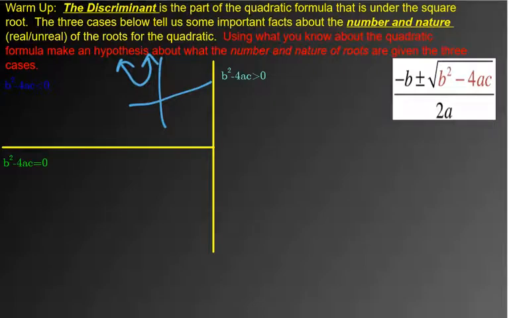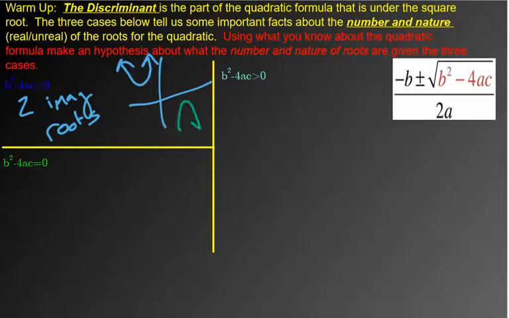You always will get two imaginary roots because you're going to do plus or minus the square root of something i, but it can't be 0 because that's the case down here. So we specifically are getting plus or minus two different numbers. So in this case, we always get two imaginary roots. It tells us we get two different roots, and the nature is imaginary.